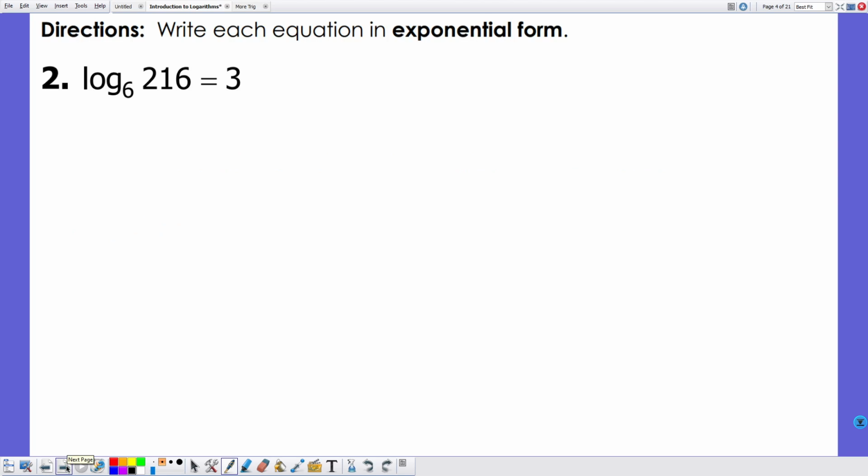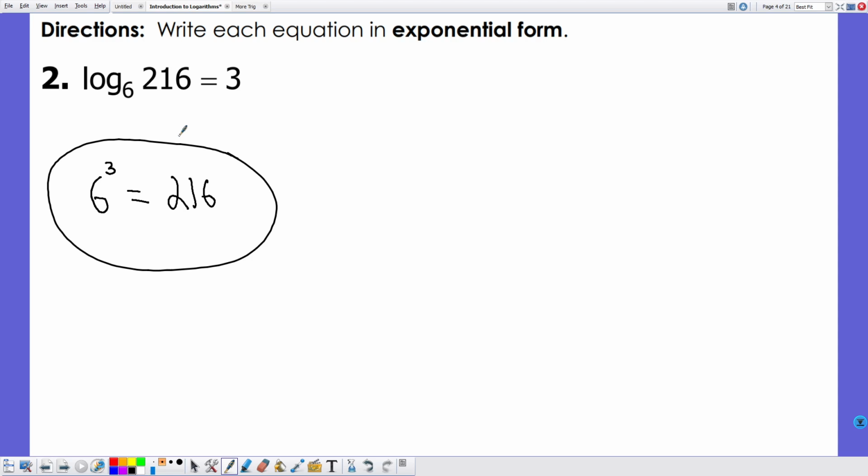Like this one, what power of 6 is equal to 216? Well, that would be 3. So 6 to the third power is equal to 216. Maybe with this kind of logic, you won't have to rely on memorizing the formula so much. 6 to what power is 216?